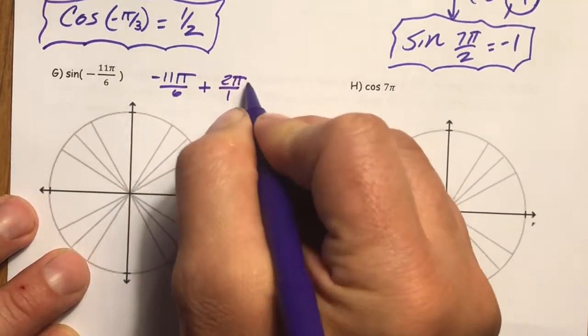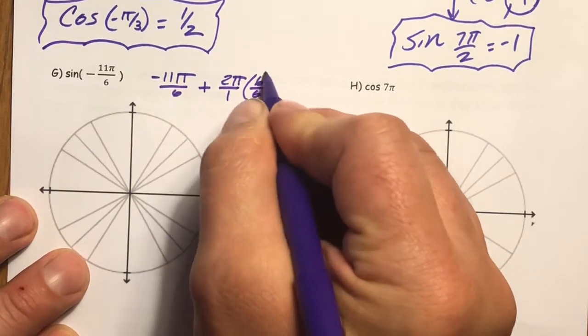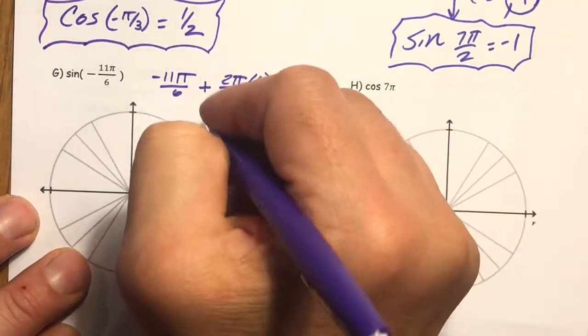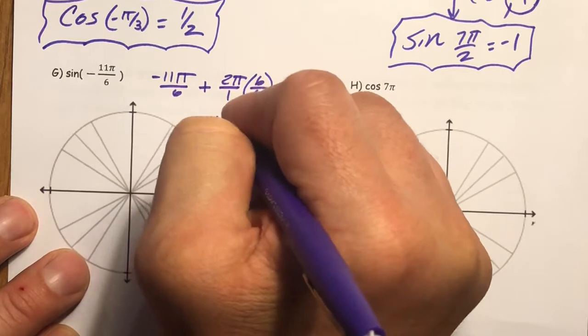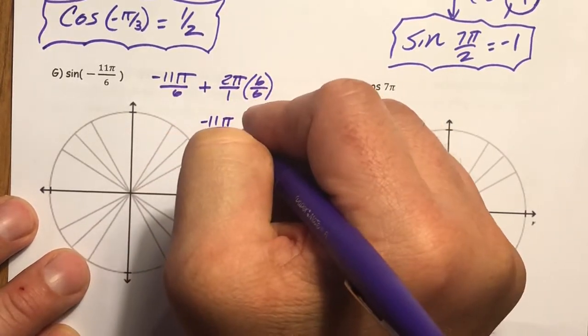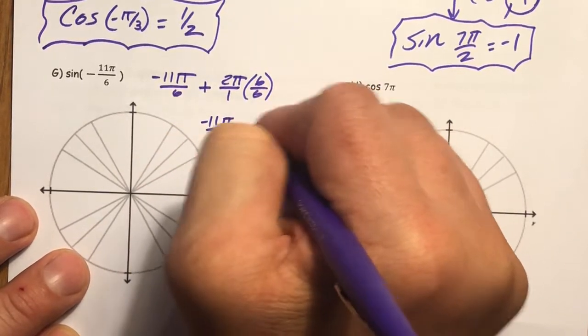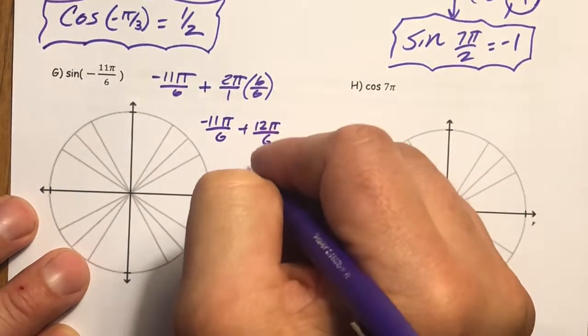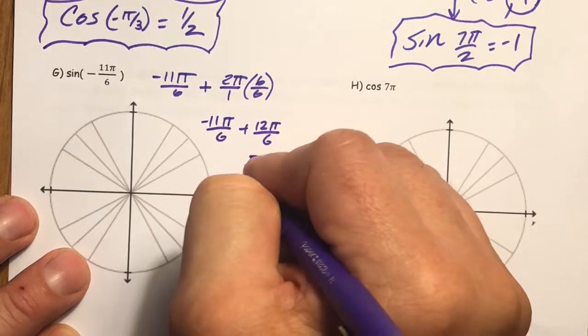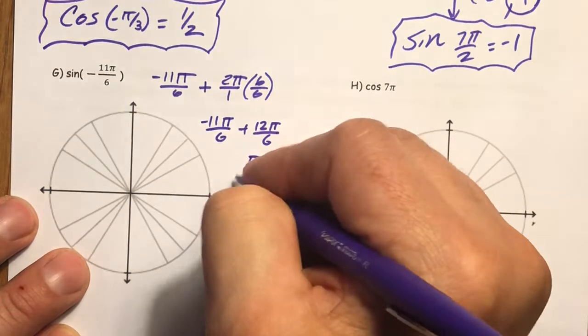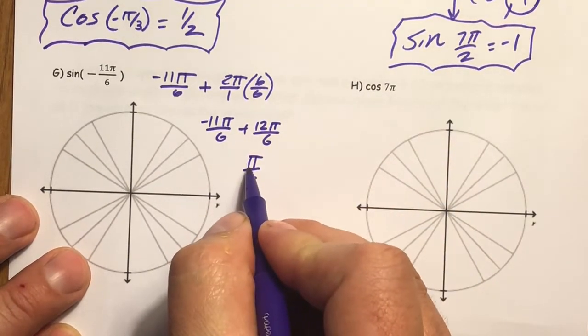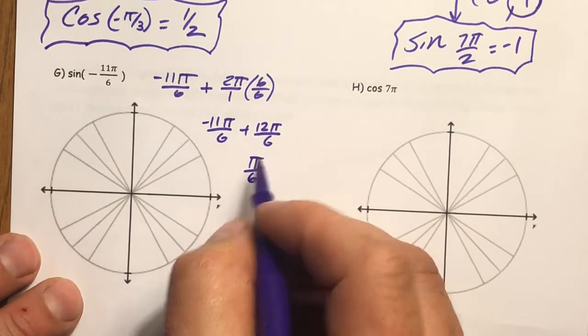Remember that 2 pi is over 1, so I'm going to multiply this one by 6/6. So negative 11pi/6 plus 12pi/6, which is 1pi/6. Now this angle right here is between 0 and 2 pi.